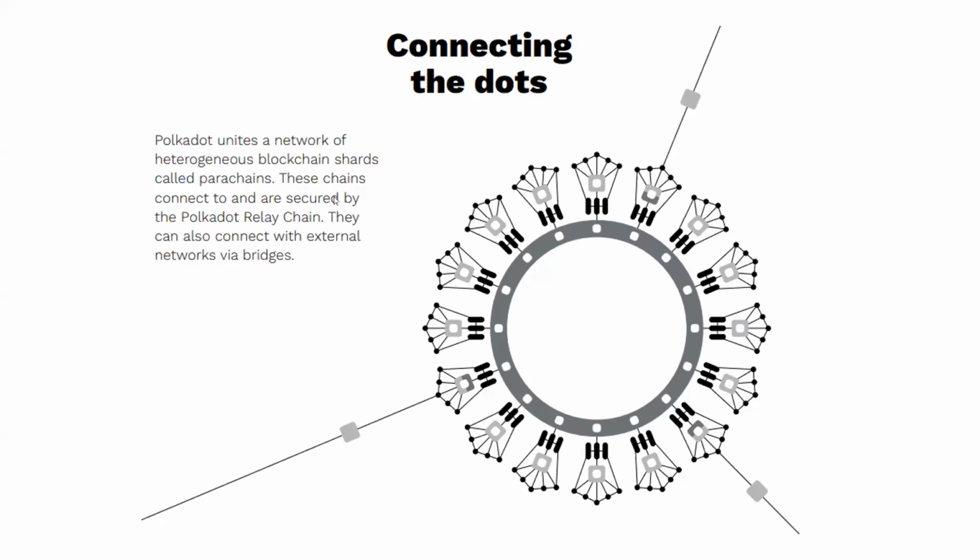So this is a solution that allows you to connect these blockchains, through which you can mediate the communication between them. Every blockchain will have its own application, but when a blockchain needs to communicate with another blockchain, you will be able to do it if the blockchains are connected to the Polkadot network.